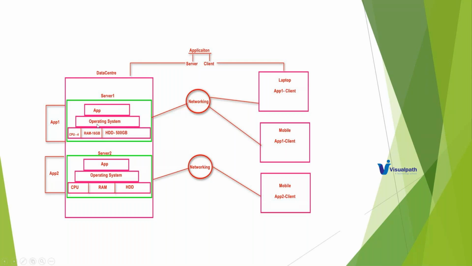Now you can say, okay, fine, then we can set up multiple servers for application one. Yes, that we can do. For example, I have one more server in the same data center for application one itself, so that if one server goes down, my other server should serve the requests to the clients. Absolutely fine. But don't you think setting up another server is going to increase your cost?